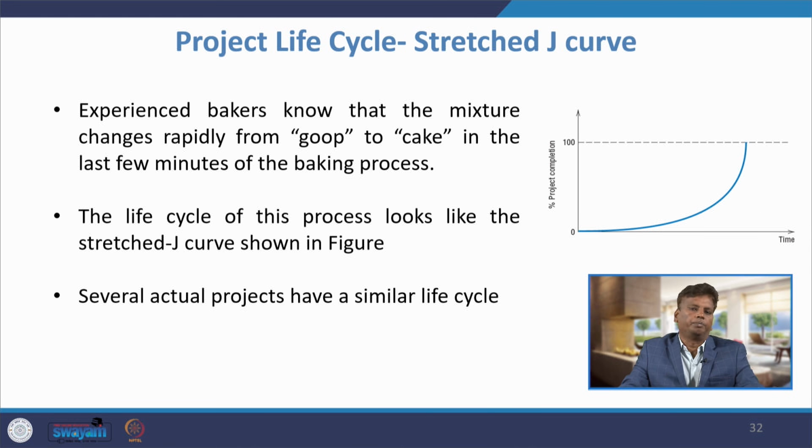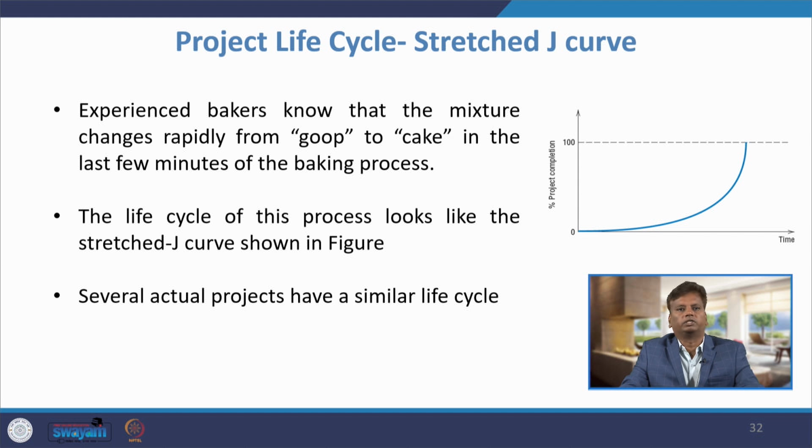Experienced bakers know that the mixture changes rapidly from goop to cake in the last few minutes of the baking process. The life cycle of this process looks like the stretched J curve as shown in the figure.